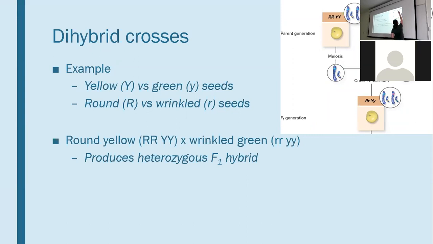This one is homozygous for both of the recessive traits. So it's got two little r alleles, two little y alleles.